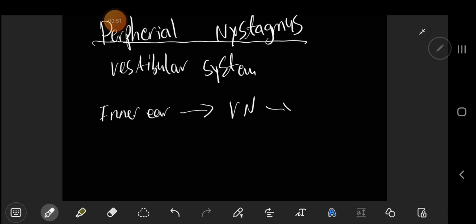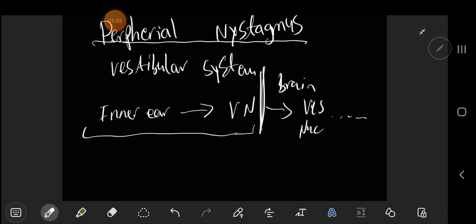After this, which I'm not going to talk about, we'll have the brain, the vestibular nuclei and everything. This is in the brain, and from here on it's not relevant. I'm going to talk about this, the peripheral part. And here there is peripheral nystagmus.